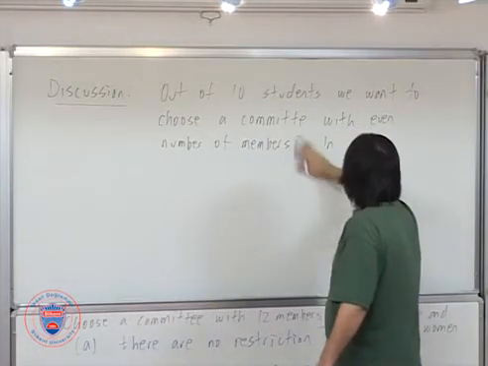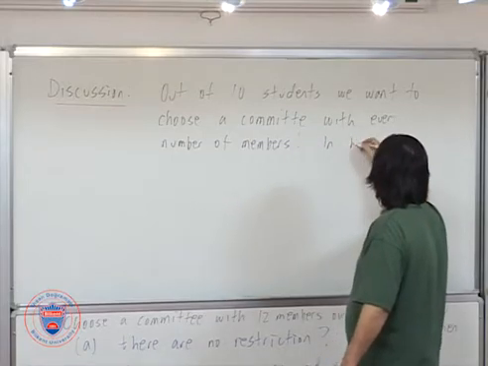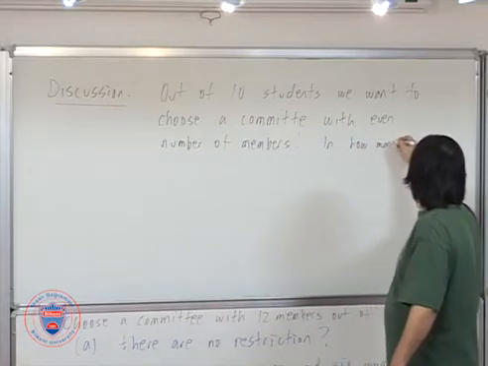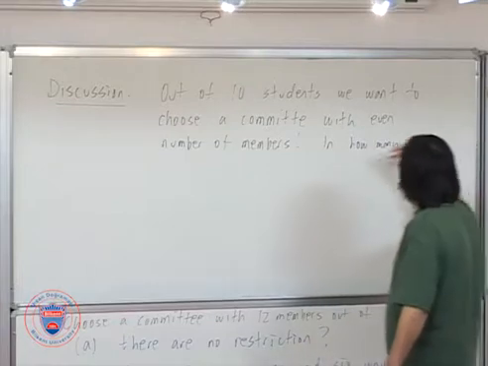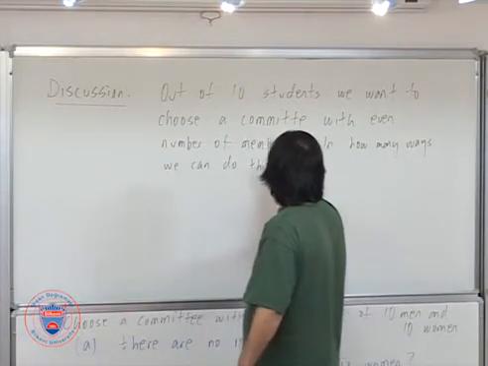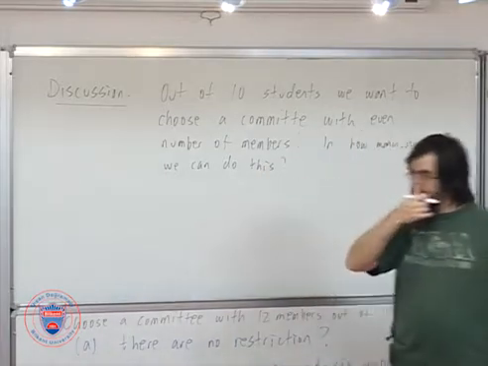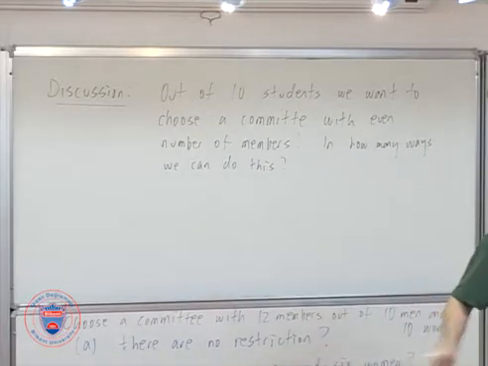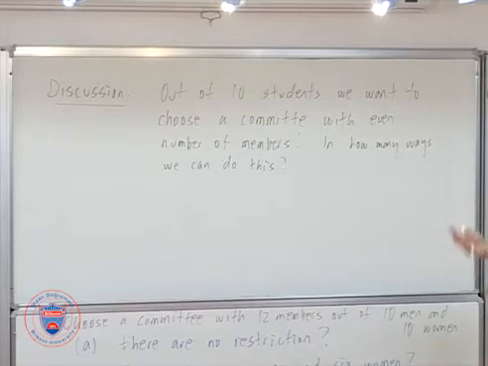In how many ways can we do this? This is similar to that question, but instead of man and woman, you just have straight 10 people, you're choosing members. So what's the answer?